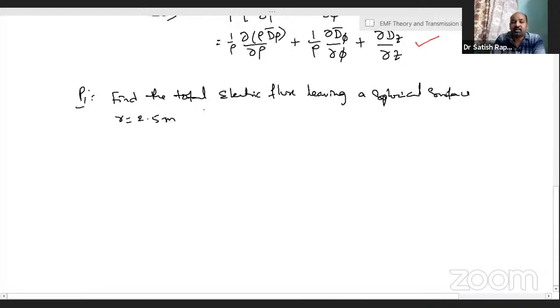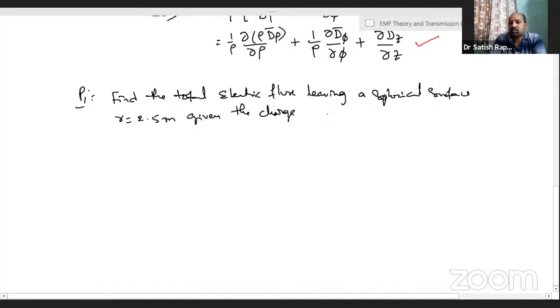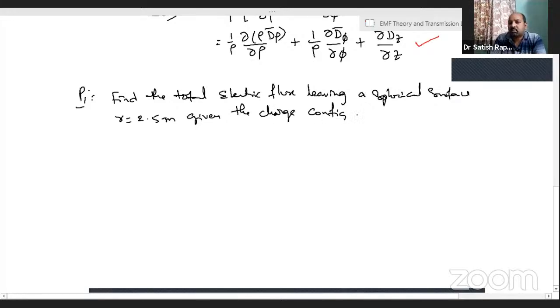That means the radius of the sphere is 2.5. Given the charge configuration.